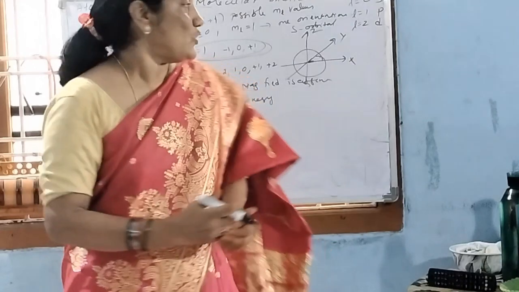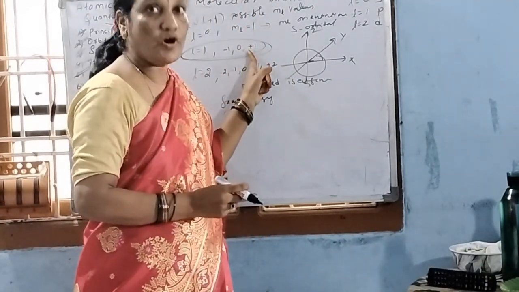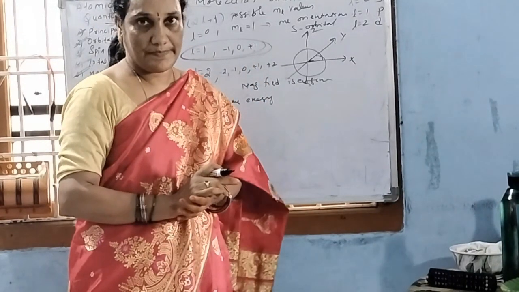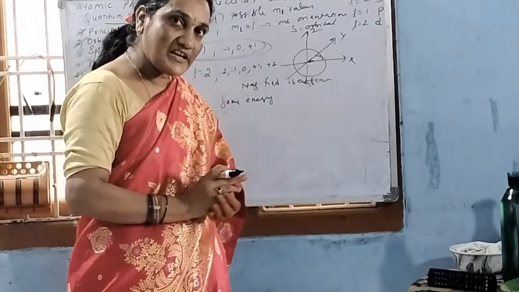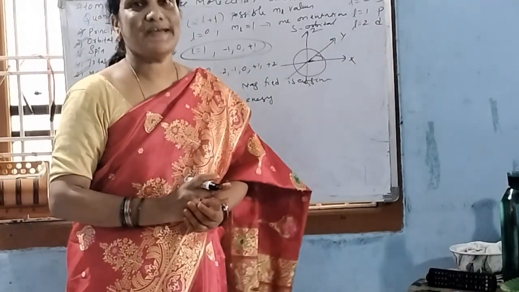Here 1 orientation, here 3 orientations, here 5 orientations, and so on. If the magnetic field is absent, all the orbitals will have the same energy.